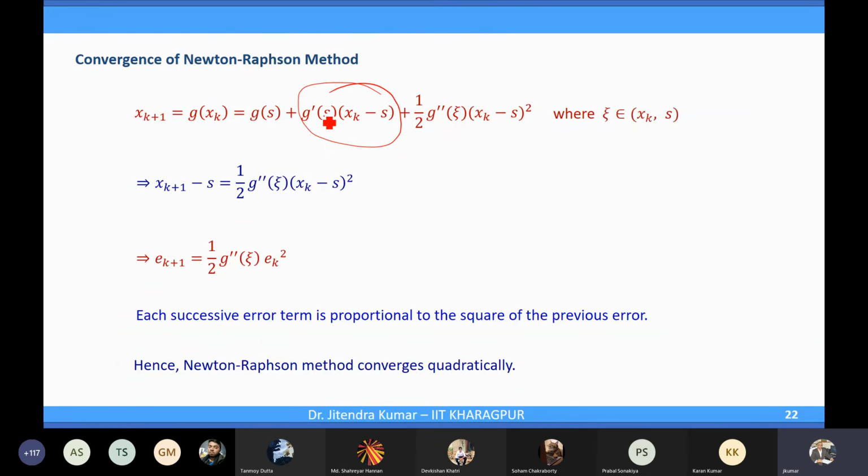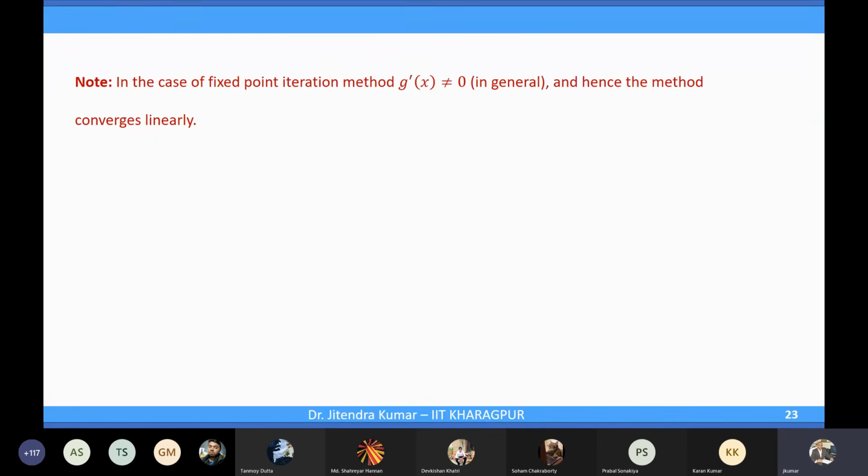If G prime of s is not 0, your error will just reduce linearly, not quadratically. That's the reason the Newton-Raphson method is a special fixed point iteration method, and what is special about it is that it converges quadratically.